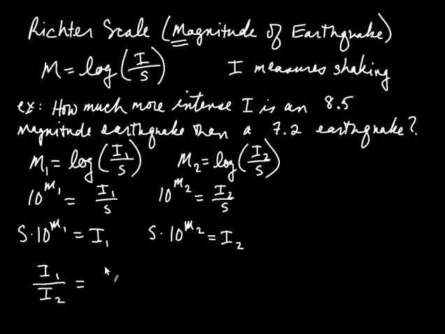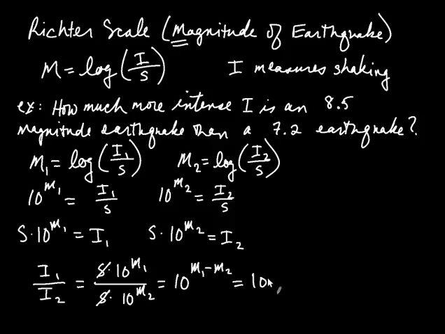I1 is S times 10 to the m1, and we're dividing that by S times 10 to the m2. What's important here is that the S's cancel out because they're the same standard earthquake. Because they have the same base, we can write it as 10 raised to the m1 minus m2, using the property of exponents.